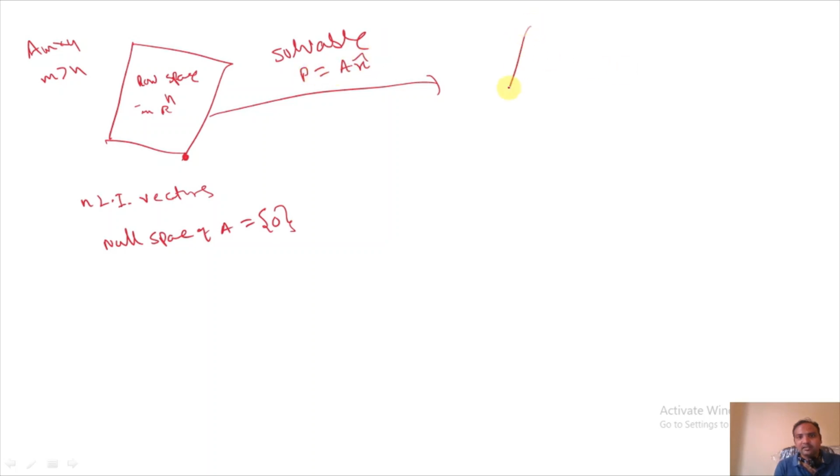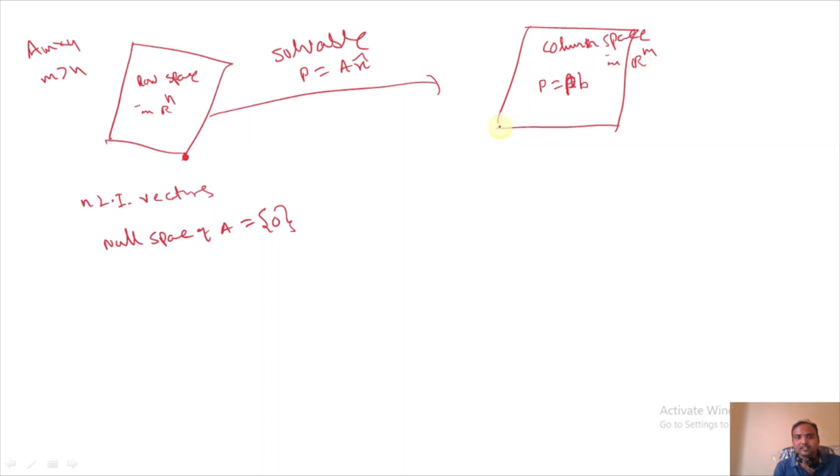So that means we get the column space. What is the column space? Projection: p equals capital P b. The column space is in Rm.